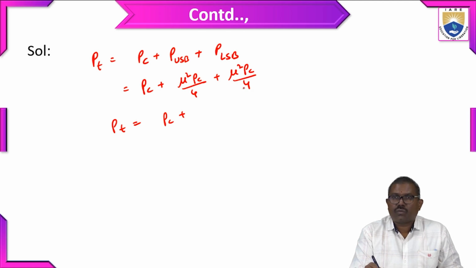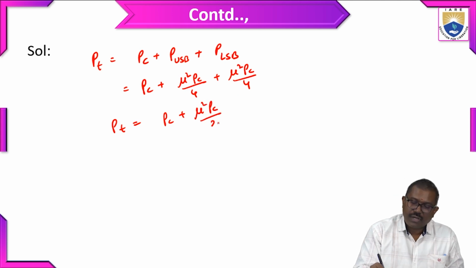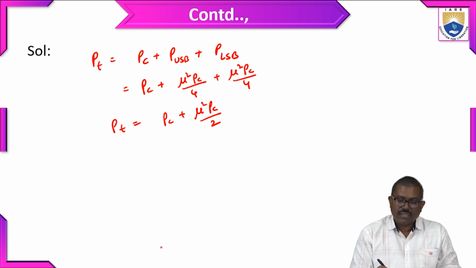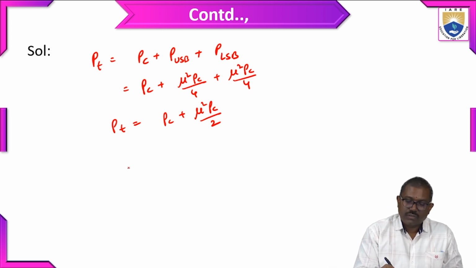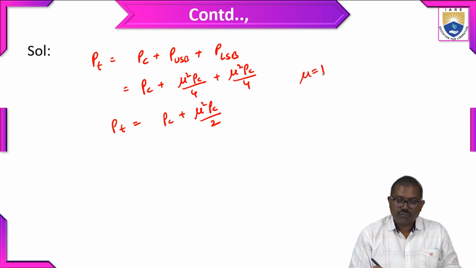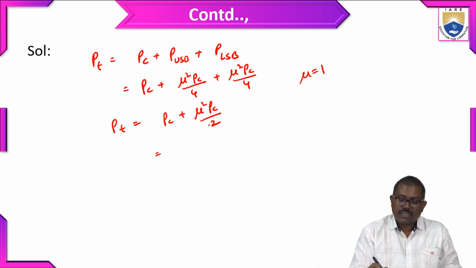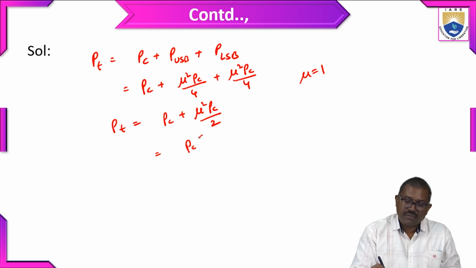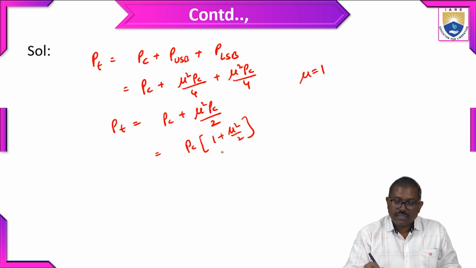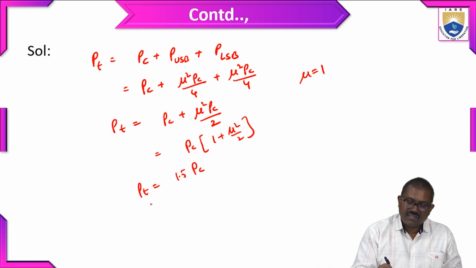So 2 times you cancel the denominator. So mu square PC by 2 we got. Okay. So here you substitute the mu value. What is mu? 1. Okay. So here again you take common this PC. So PC you can take common 1 plus mu square by 2 and mu value is 1. Then this is 1.5 PC. So PT is equal to 1.5 PC.